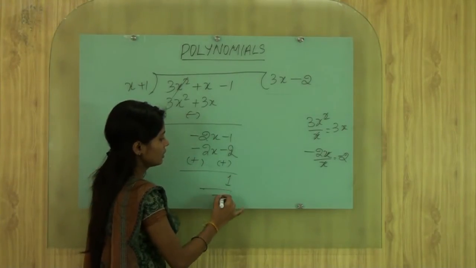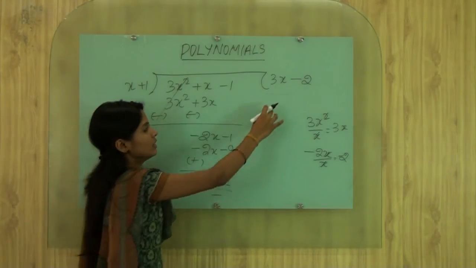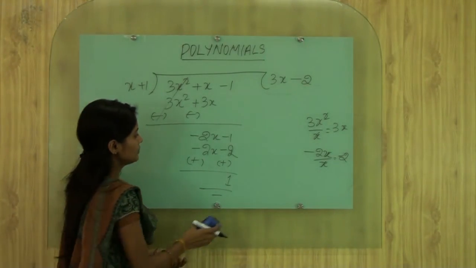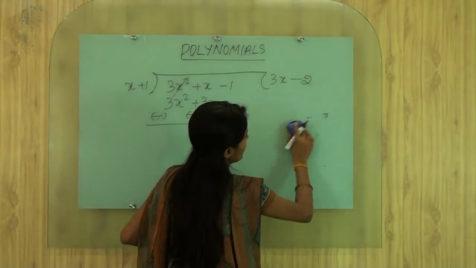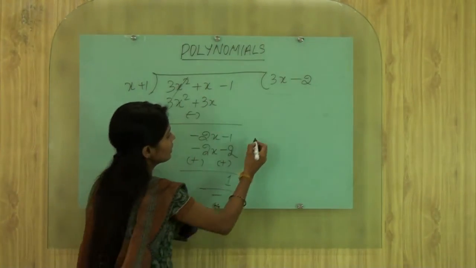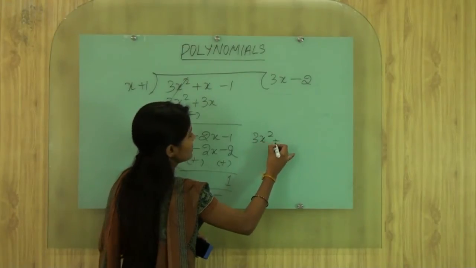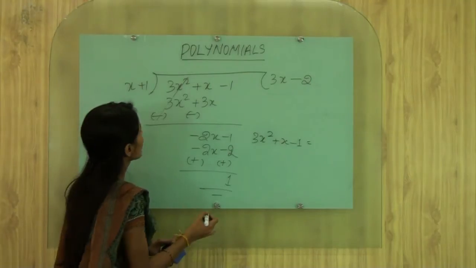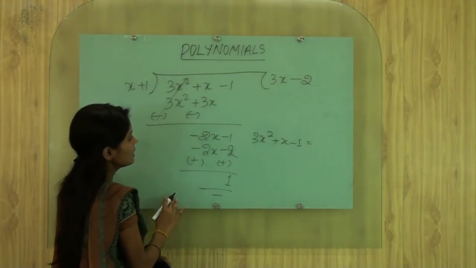1 is the remainder, 3x minus 2 is the quotient. So you can write this polynomial as 3x square plus x minus 1 is equal to, first is your divisor.